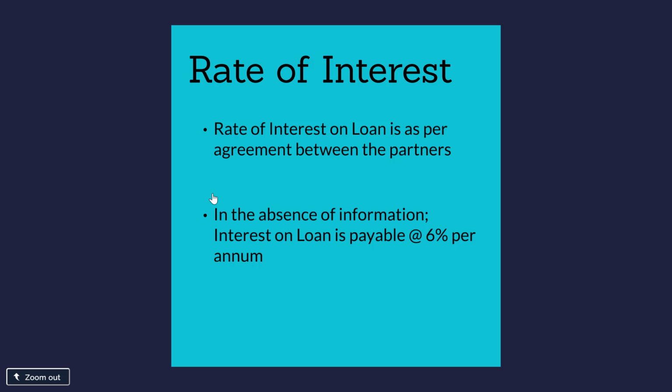However, in the absence of any information, as per the Partnership Act of 1932, interest on loan is payable at the rate of 6% per annum. For 1 year, 6% is the interest on loan which is payable.